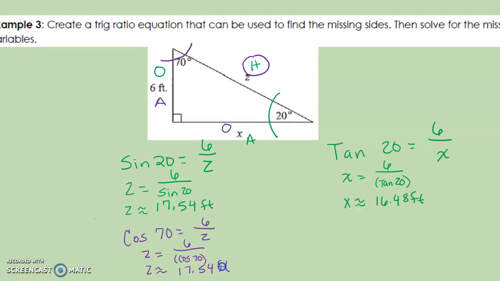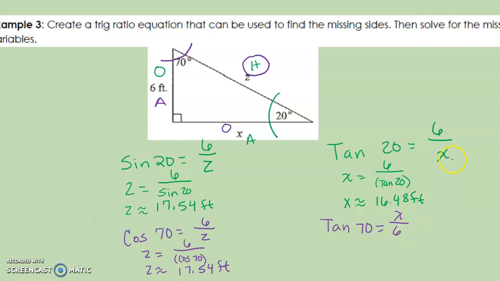See how you end up with the same thing? And then again over here, if I'm going to solve now for x using my purple, which means this is my angle of interest. I'm just showing you could have chosen either one, but you label off the angle of interest you choose in this kind of situation. X is my O, and I was given my A. O and A. You're like, uh-oh, but we used tan last time. This time it's tan of 70. Remember, it's opposite, which is x, over adjacent, now which is 6.